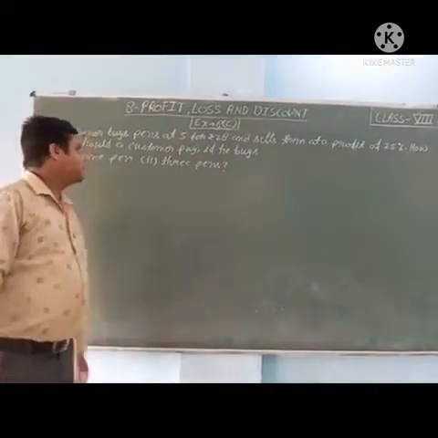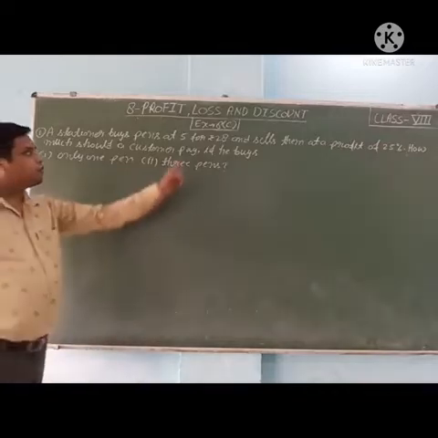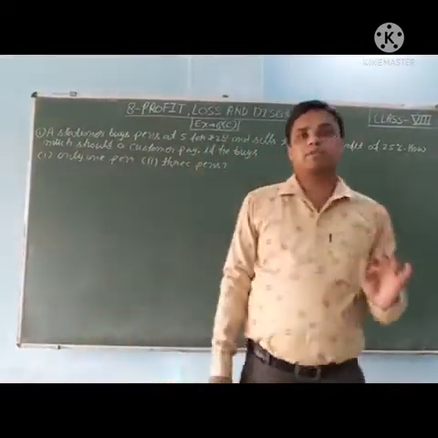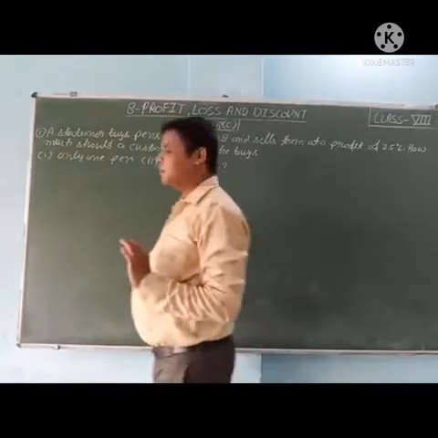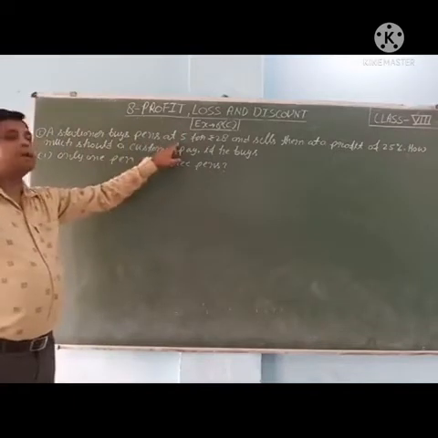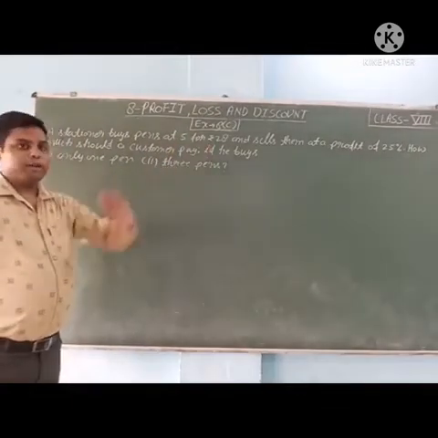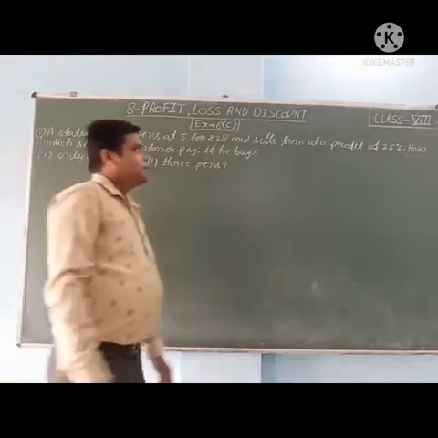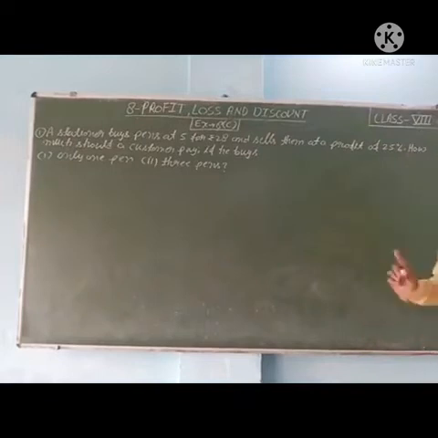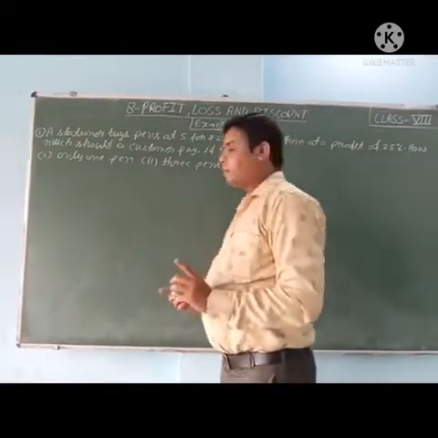In the first sum, a stationer buys pens at 5 for ₹28. It means the cost price of 5 pens is equal to ₹28. The stationer sells them at a profit of 25%.